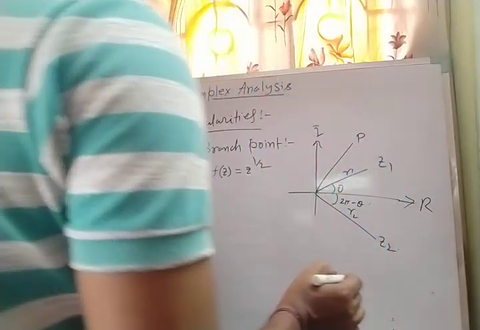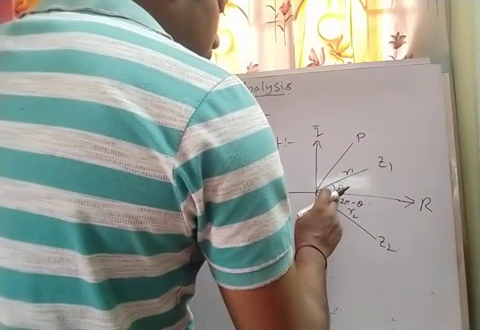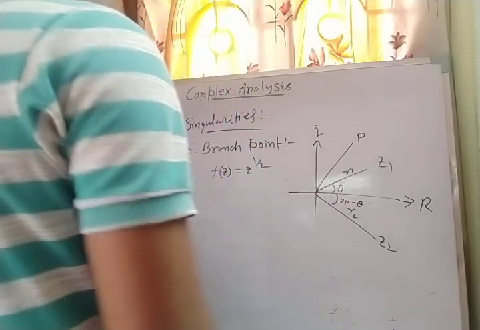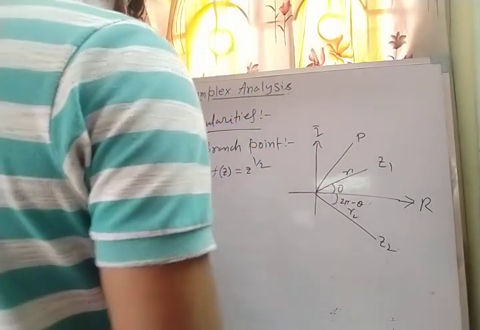R1, it is R2, and it is theta, and this gives 2 pi minus theta.